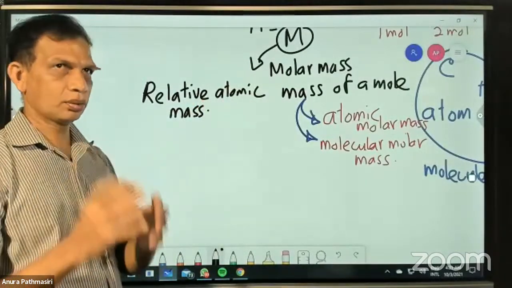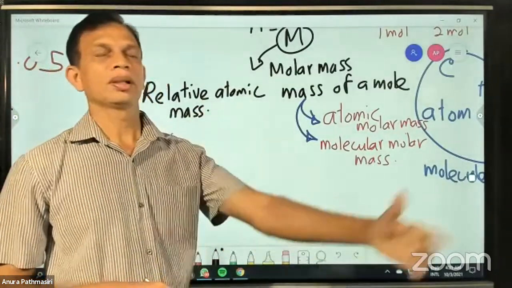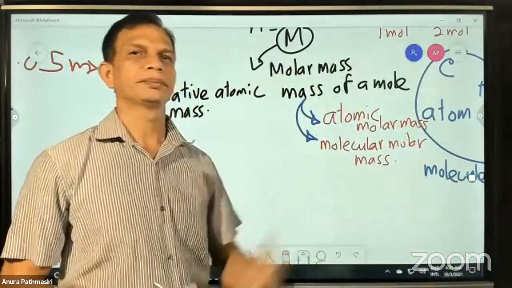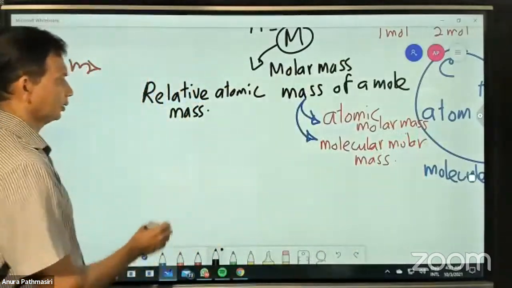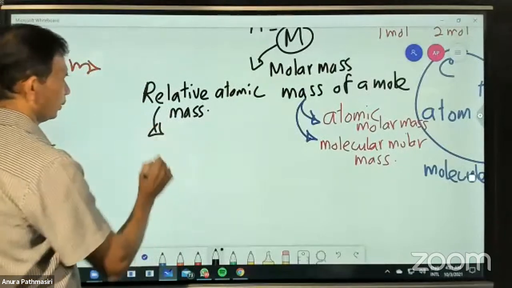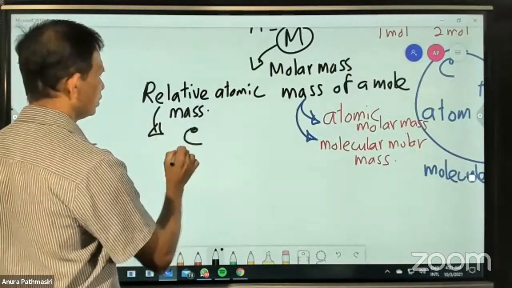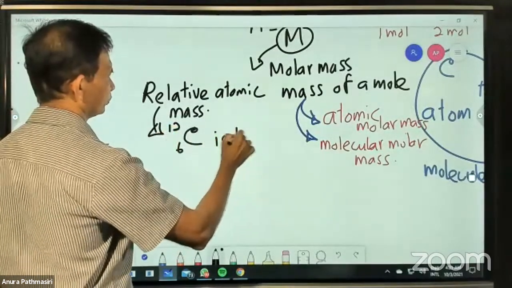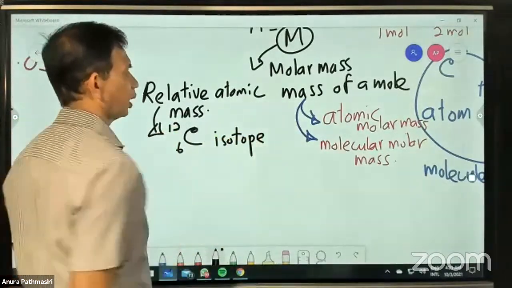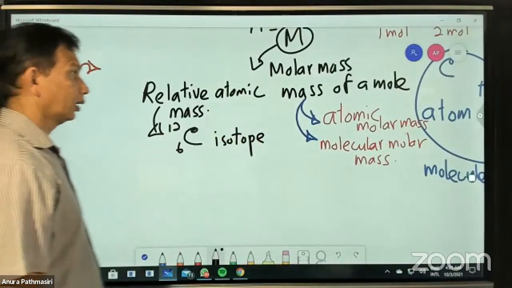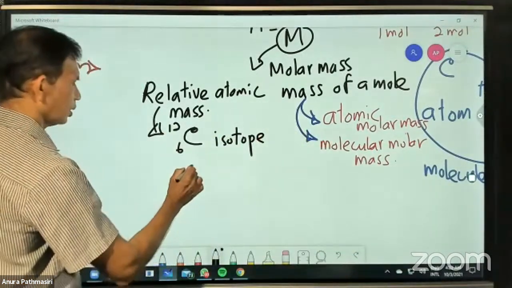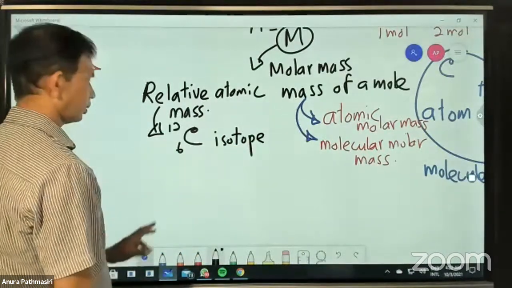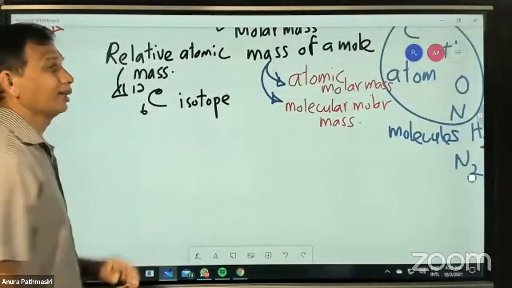That means the mass of a given atom related to another atom. We considered that by using the C-12 isotope. So we discussed this one last week in detail.